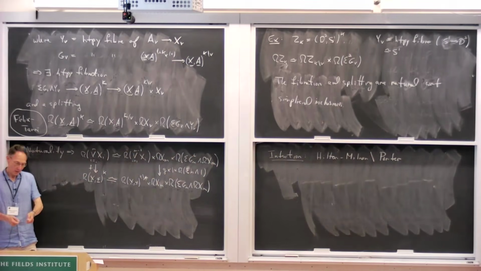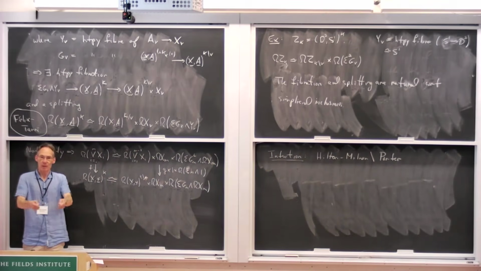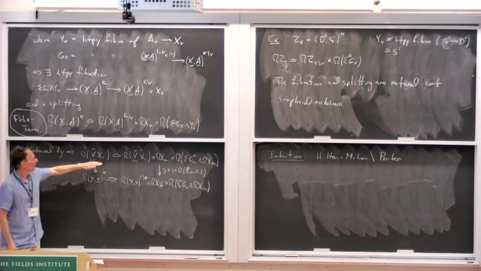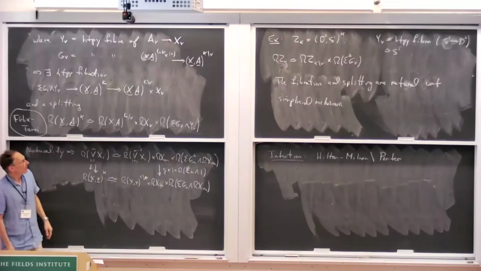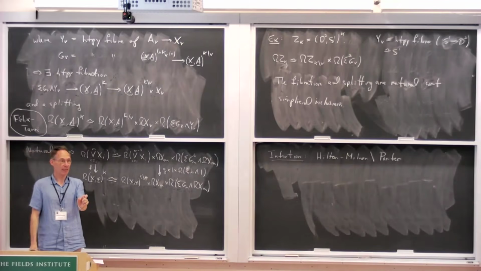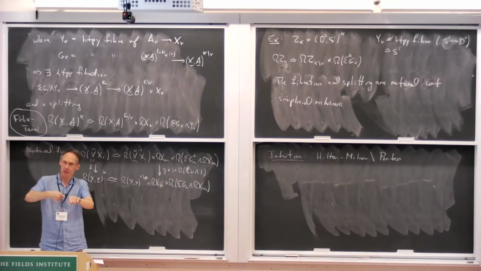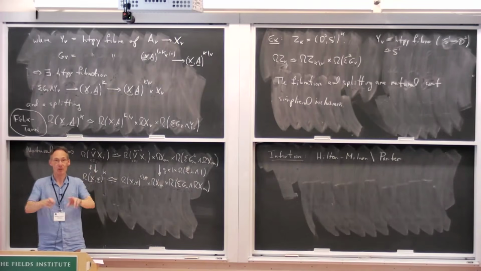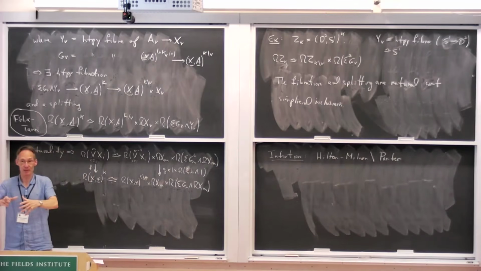Now, when you think about these polyhedral products, if you've got a missing edge, that corresponds to a Whitehead product. If you've got a missing two-face, that corresponds to a higher Whitehead product, whatever that is. A missing three-face is an even higher Whitehead product.